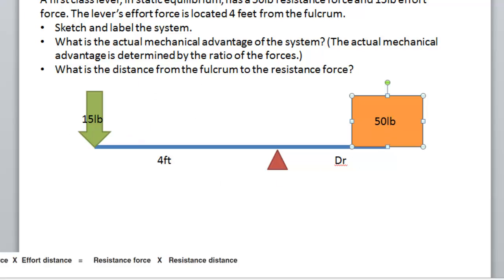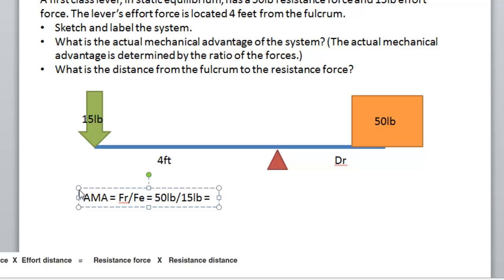Alright, so let's type that in. AMA is equal to FR divided by FE, and that's going to be equal to 50 pounds divided by 15 pounds, and I don't have a calculator on me, that was poor planning, wasn't it?